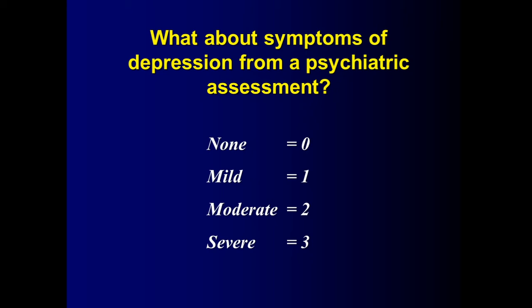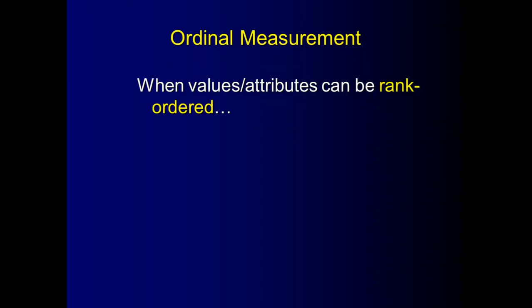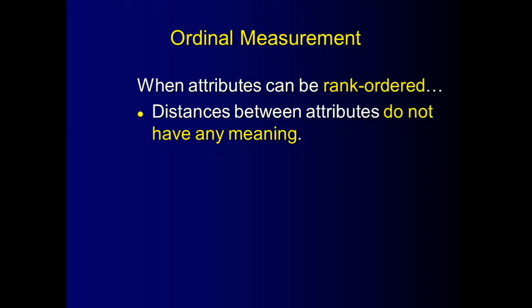Is there an order in it? 0 is lesser than 1, 1 is lesser than 2, or 3 is more than 2. That's the way values are given. So this is an example of next level called ordinal measurement. When values are ordered or ranked, that's what we call ordinal measurement. The distance between the values do not have any meaning because the ranks are ordered, that's it. But you don't have the distance between them.